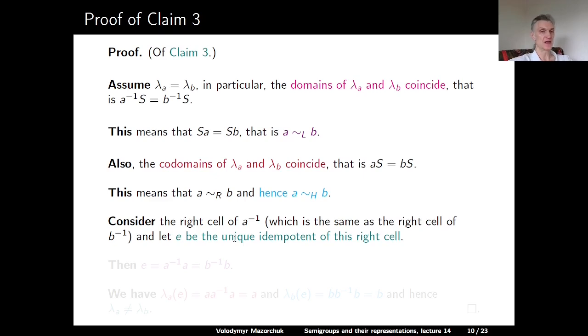Now we can consider the right cell of A inverse, and it's the same as the right cell of B inverse, and we let E be the unique idempotent of this right cell.